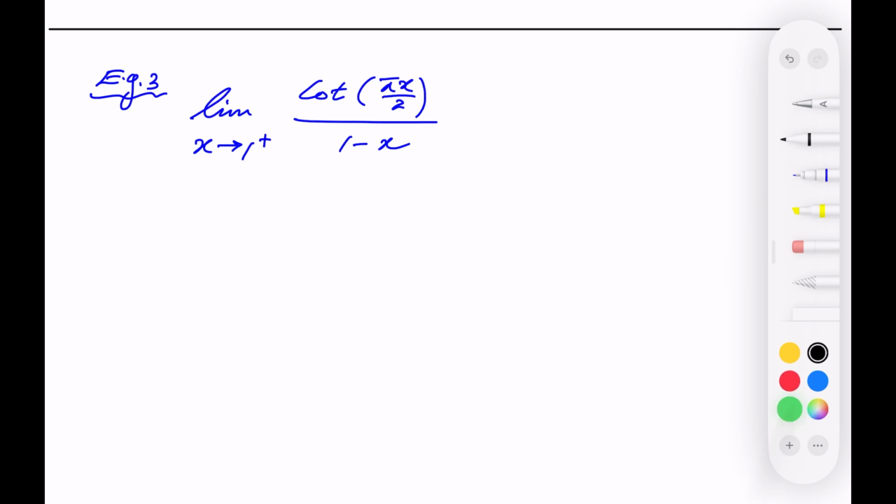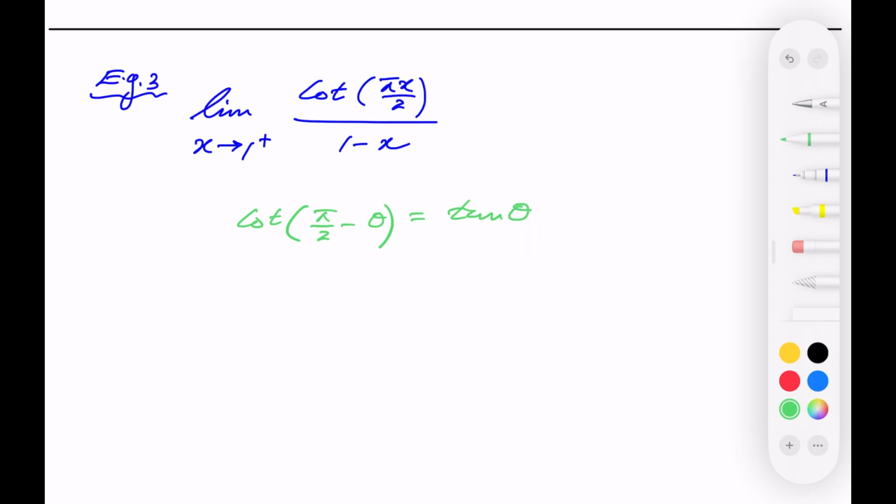However, we can still apply that theorem for this question as well. All we need is to transform this cotangent function into a tangent function. That's our first step. We can use cofunctions. If you still remember basic trig, we know that cotangent of pi over 2 minus theta is equal to tangent theta.